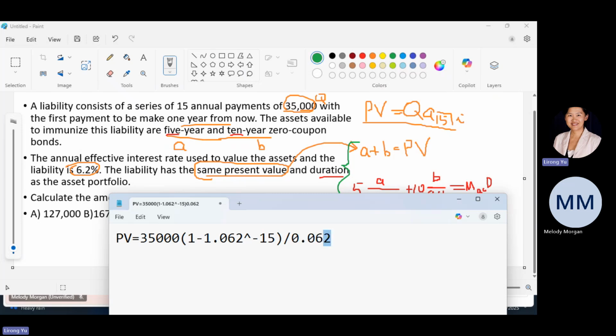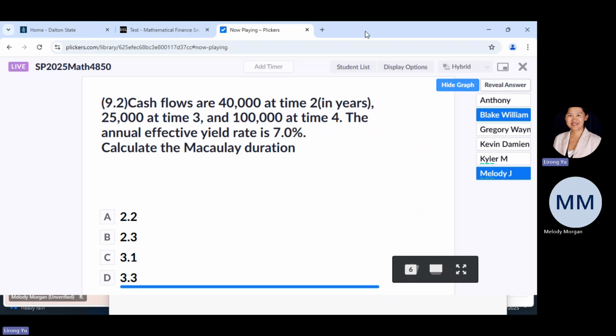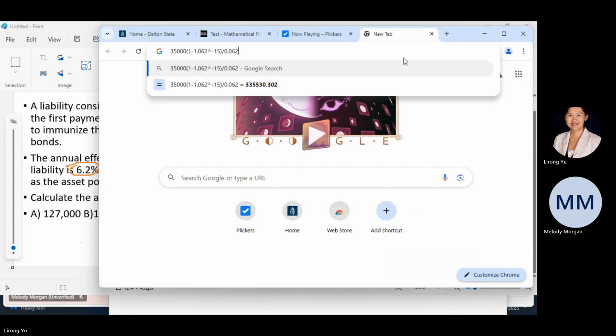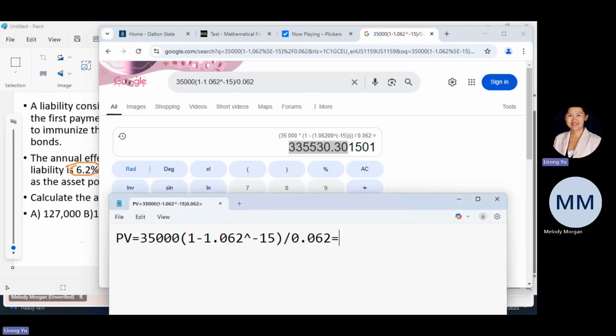That's how we calculate the total present value, the annuity Q times A15. Let me grab the calculator. So we have this value. That's the total present value.